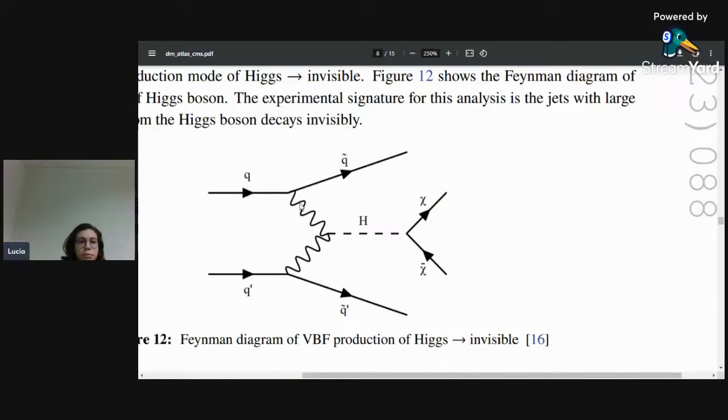These are both vector bosons that fuse and produce a Higgs. So this Higgs is not from the two Higgs doublet model. It's the standard model one. It's capital Higgs because it's the standard model one.